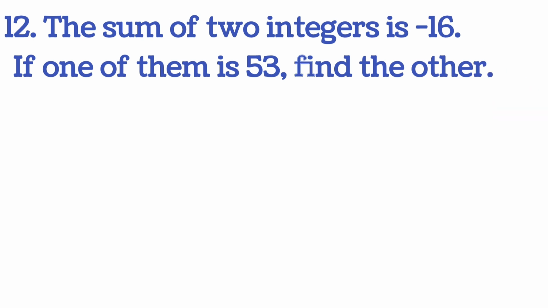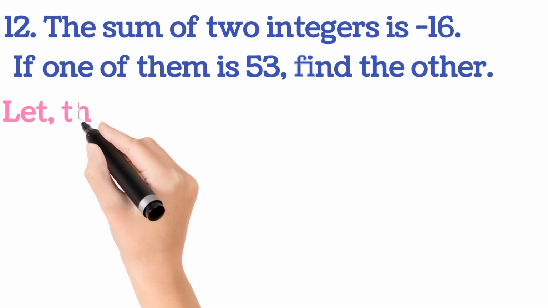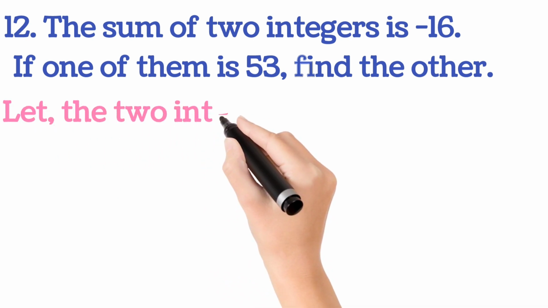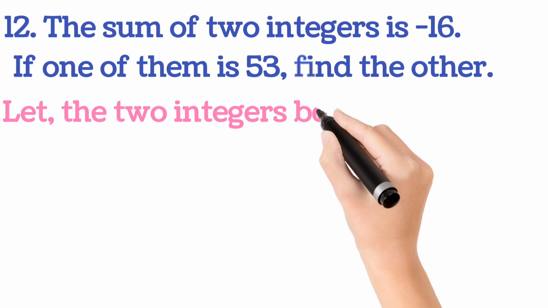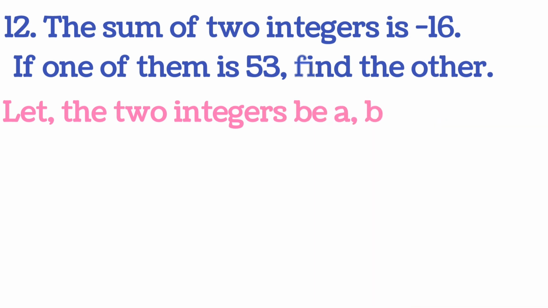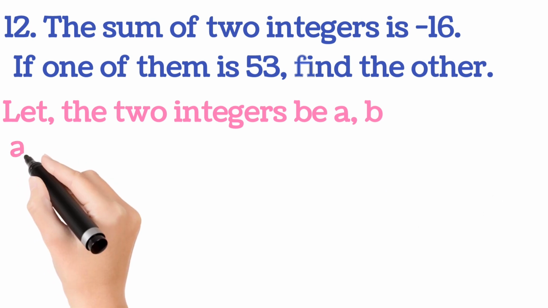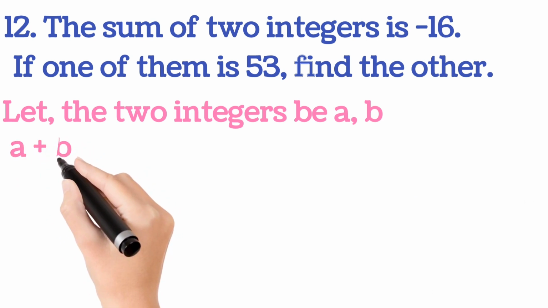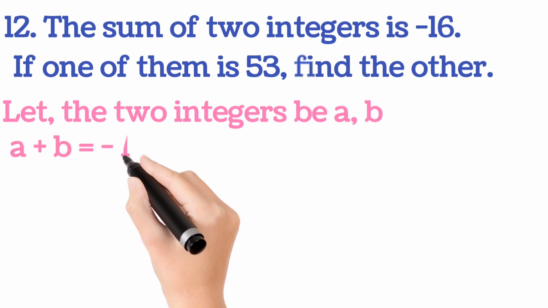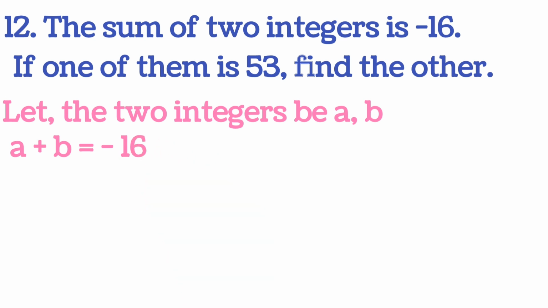So let us take these two integers as A and B. Now they said the sum of these two integers is minus 16. So you will write A plus B equals minus 16.